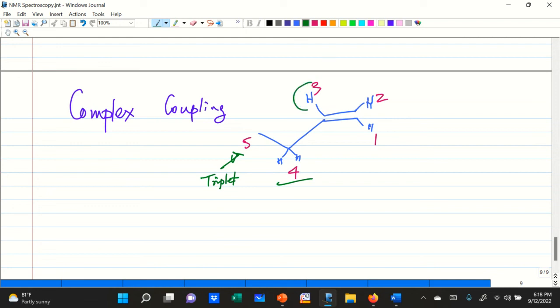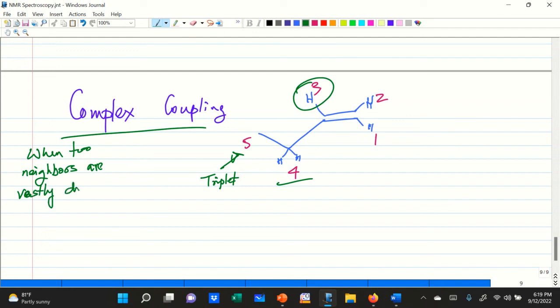When one neighbor is a vinylic type of proton like this one, vinyl proton meaning a proton attached to a carbon-carbon double bond, then this will result in complex coupling, meaning you can no longer say that we have 3 and 1, 4 neighbors, because these two neighbors are vastly different. So complex coupling occurs when two neighbors are vastly different. Now, when I say vastly different, that itself is a somewhat ambiguous term.